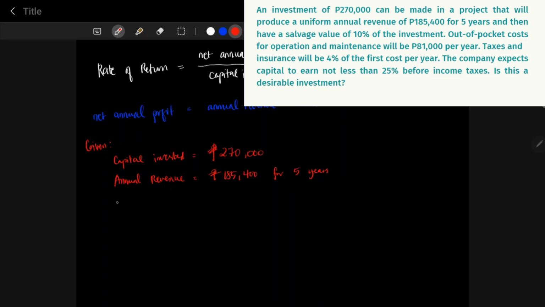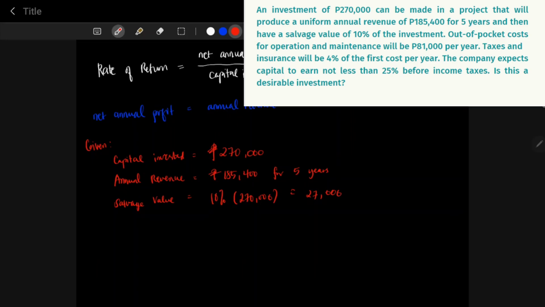Then it has a salvage value of 10% of the first investment or the capital investment. So 10% of 270,000 is 27,000 pesos.